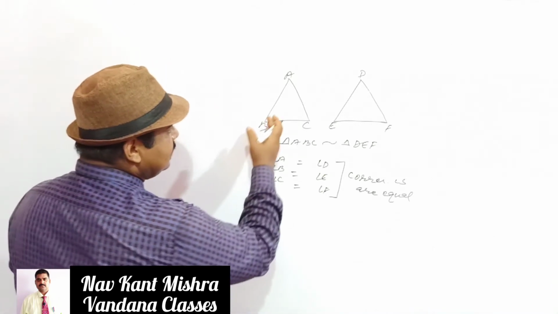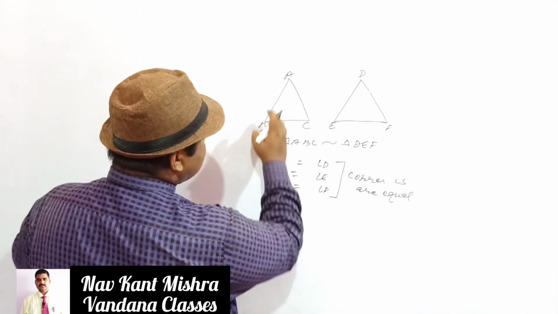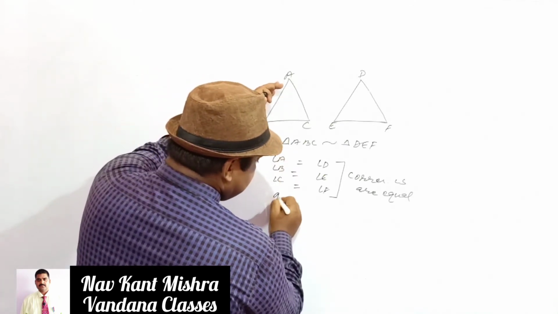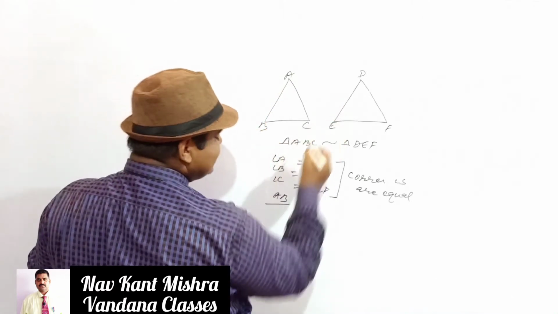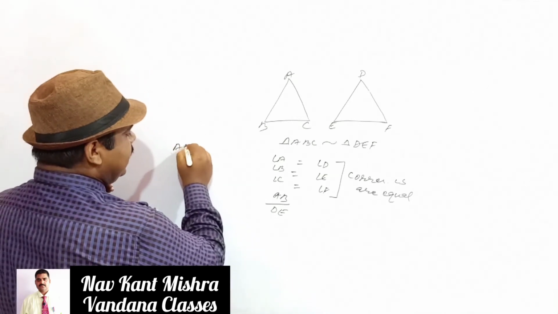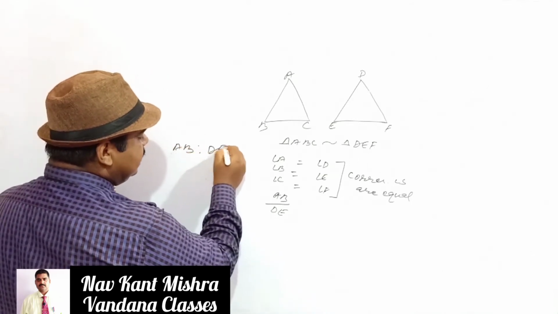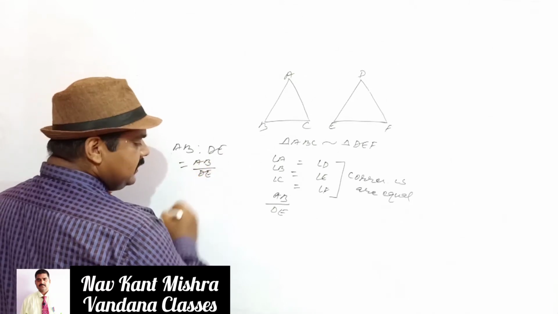You can take the ratio of the corresponding sides. The corresponding side AB, you have to take the ratio with DE, because you know very well that the ratio AB to DE can be written as AB upon DE.